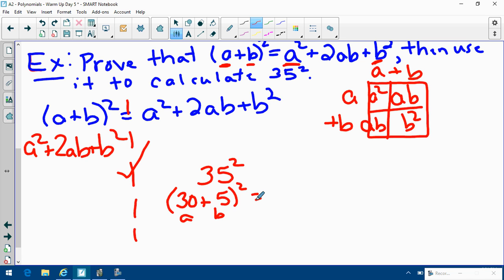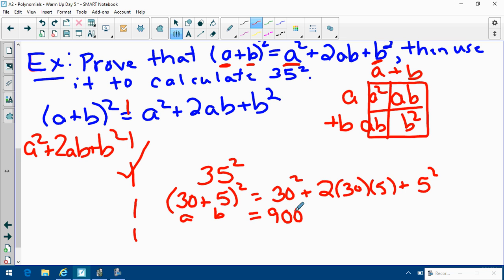So that's going to equal a squared, which is 30 squared, plus 2ab. A is 30, b is 5, plus b squared, 5 squared. And my hope is that I might be able to multiply this in my head. And 30 squared, 3 squared is 9. 30 times 30 would have 2 zeros, so 900.